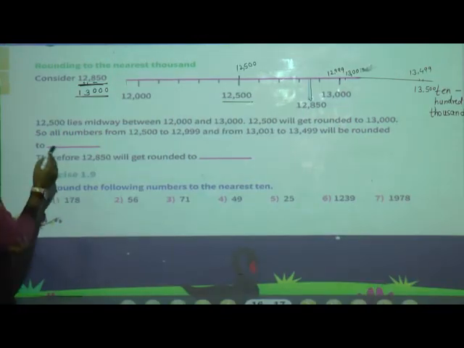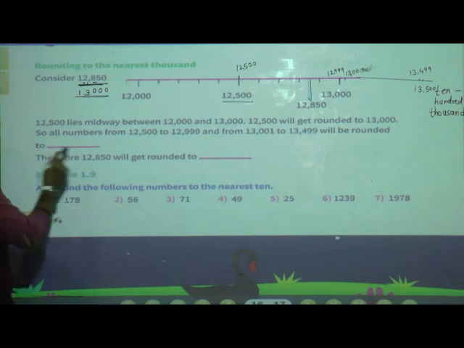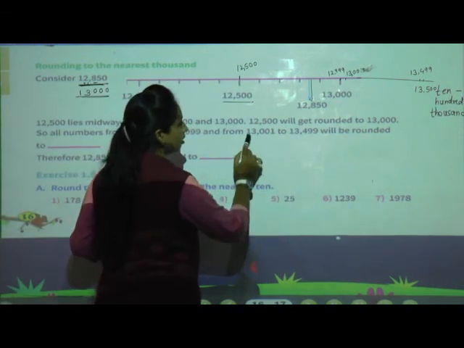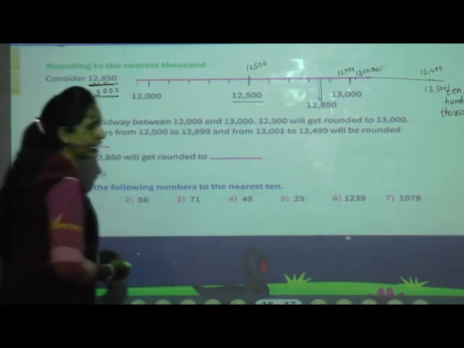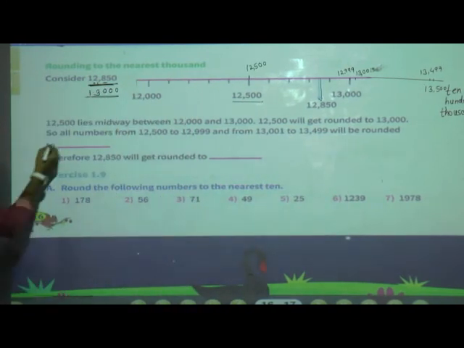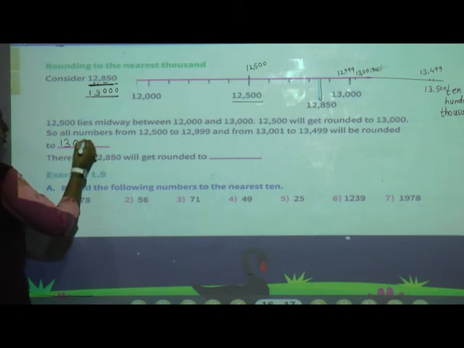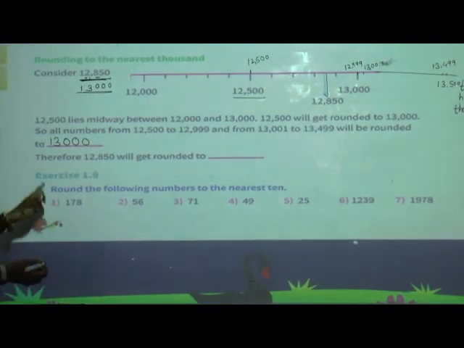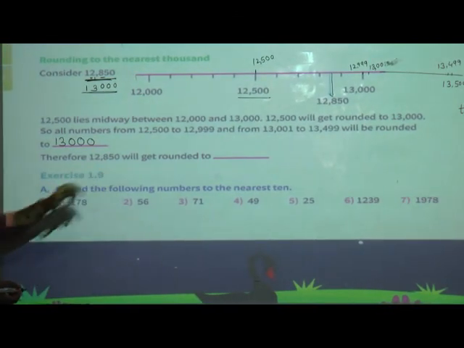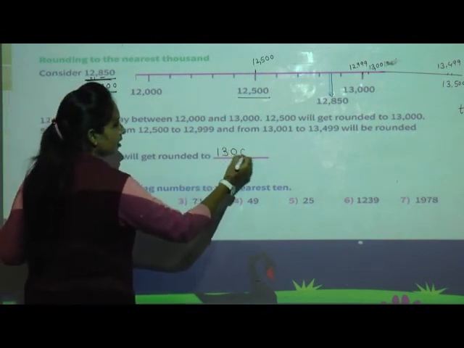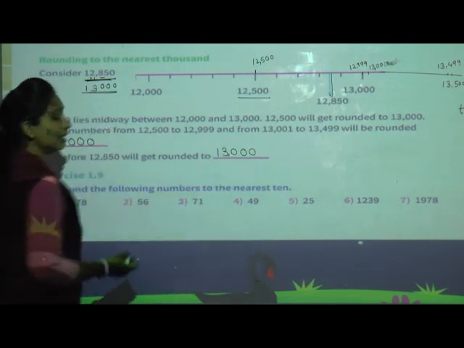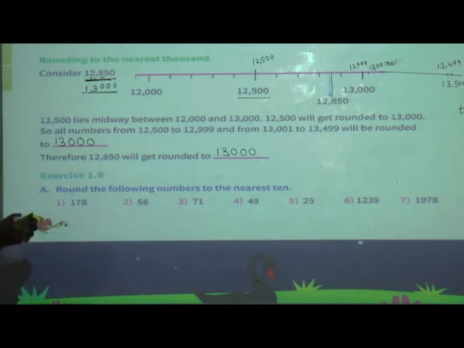So 13,001 to 13,499 will be rounded to 13,000 only. Therefore 12,850 will be rounded to 13,000. When I explain with examples, when we solve questions, at that time you will understand very easily.